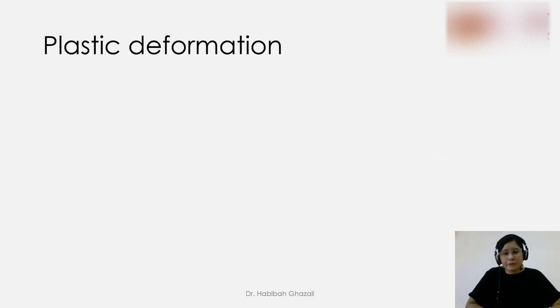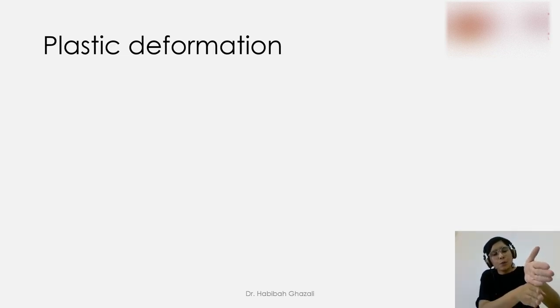But this definition of plastic deformation is oversimplified. From the definition that I gave you, you probably will think that if I have this series of atoms and a lot of these series parallel to each other, and I can move and break the bond inside these planes, I can deform this material plastically.